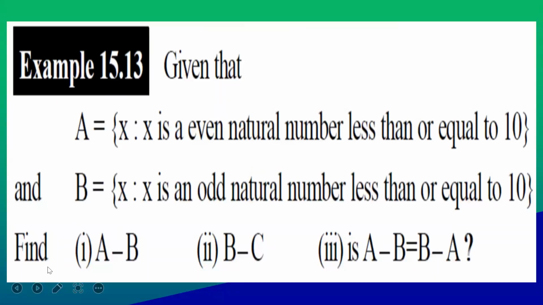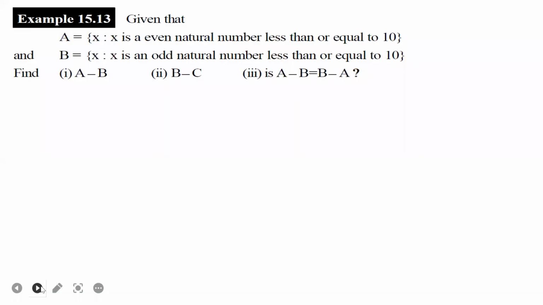So let's try an example. Given that set A is equal to {x such that x is an even natural number less than or equal to 10}. So let's first find the elements of set A. For set A, we have even natural numbers less than or equal to 10.